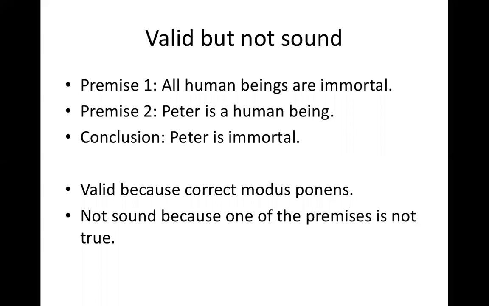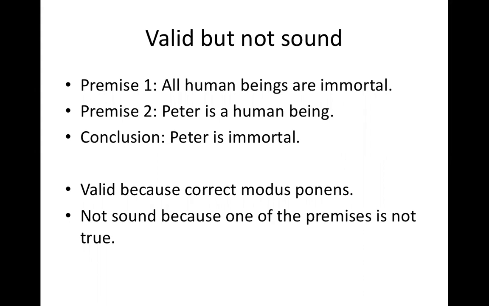It is valid because it is a correct modus ponens, but it is not sound because one of the premises is not true. The argument is valid, but is it true? You look at the conclusion, you see the argument is not true. The problem started in premise one, all human beings are immortal.